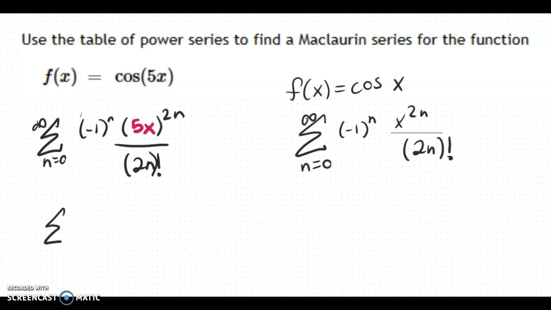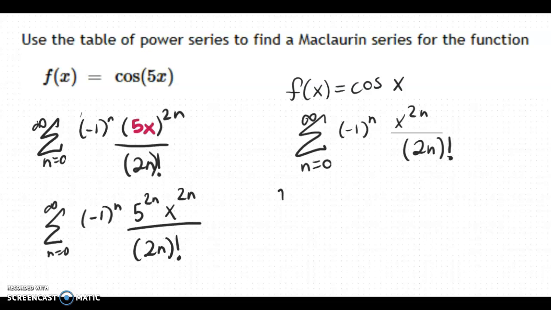So this will stay the same, the negative 1 to the n. Here I will have 5 to the 2n and x to the 2n over 2n factorial.